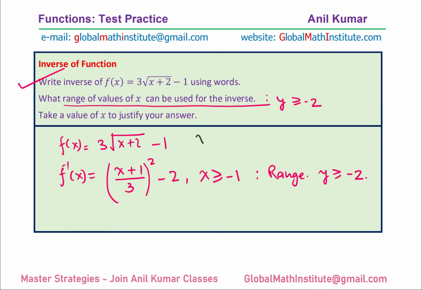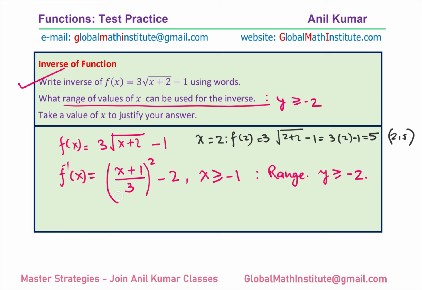So if I use x equals 2, then what is f of 2? f of 2 will be 3 times square root of 2 plus 2 minus 1, which is 3 times 2 plus 2 is 4, square root is 2, minus 1, which is 6 minus 1 as 5. So we have the coordinate point 2, 5, correct?